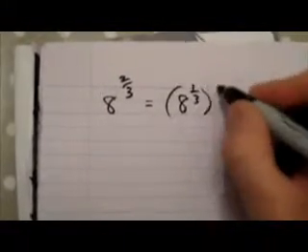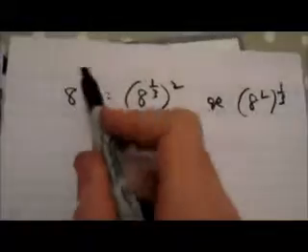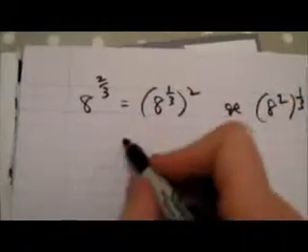So we can split this up in one of two ways. We can write it as 8 to the power of a third, all squared, because 2 by a third will give me 2/3. Or we can write it as 8 squared, all to the power of a third. Because again, 2 by a third gives me 2/3. Doesn't matter which way around I do it. This way will generally keep the numbers smaller if you put the fraction power in first.